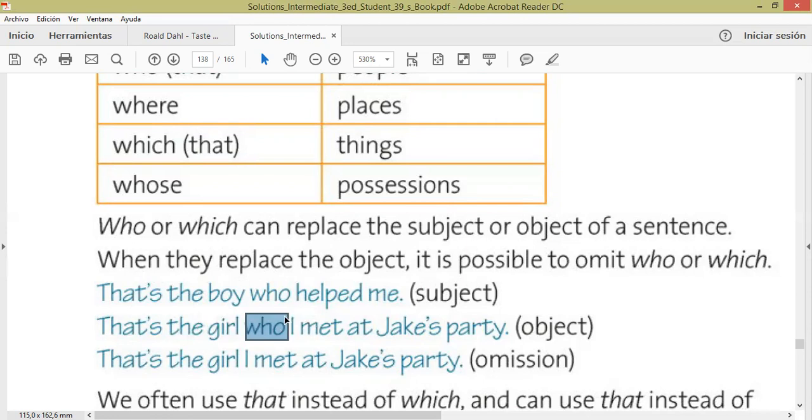In this case, who becomes the object of this verb. So, as we saw recently, we can omit this relative pronoun. So, that's the girl I met at Jake's party. Omission. That's the girl who I met at Jake's party. We omit who, and here we have the sentence.